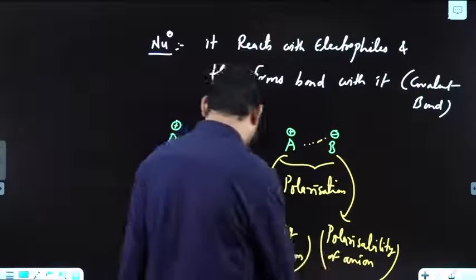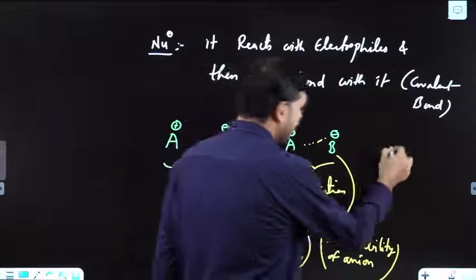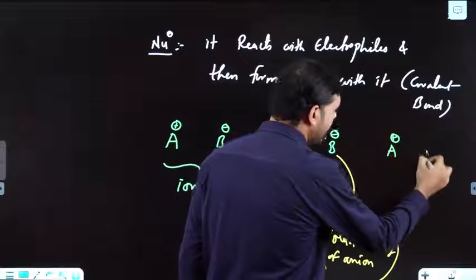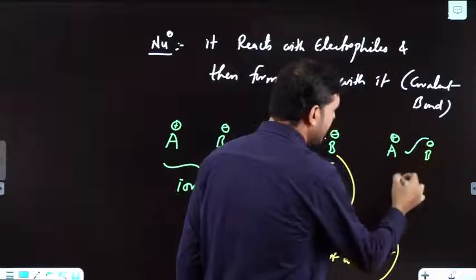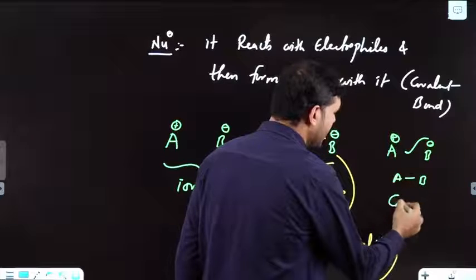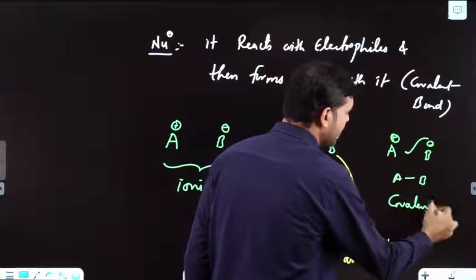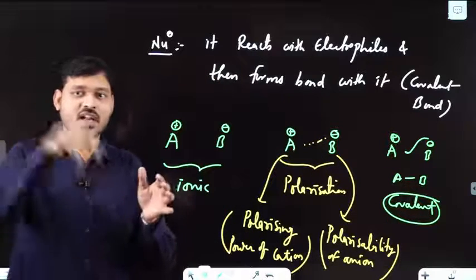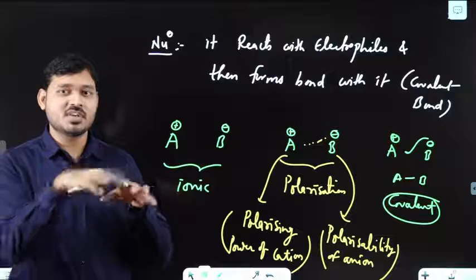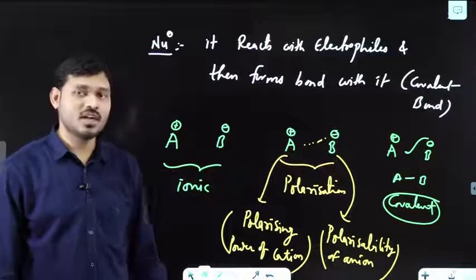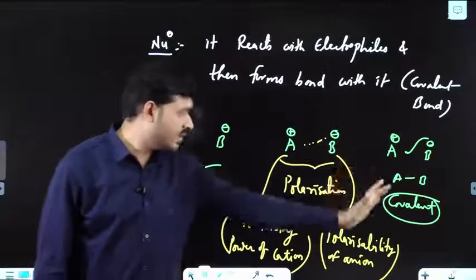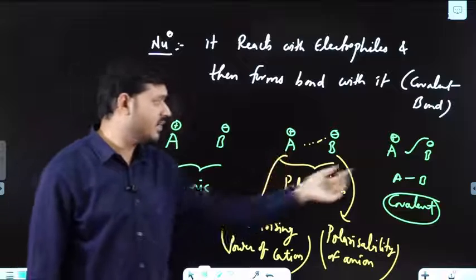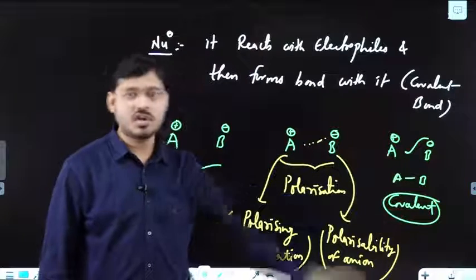Now what happens if this A plus and this B minus form a bond here, it becomes AB, then it is becoming covalent. Now it is covalent. When that electron completely comes in between the two, 100% sharing, then it becomes covalent. So ionic towards covalent due to polarization, and if it is completely sharing, then it will be covalent.